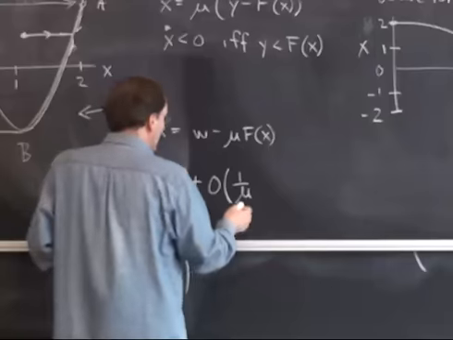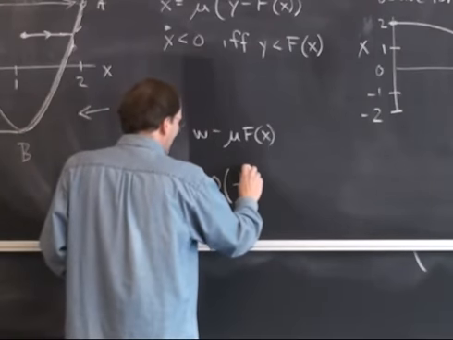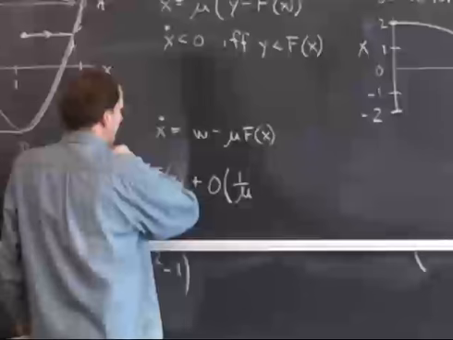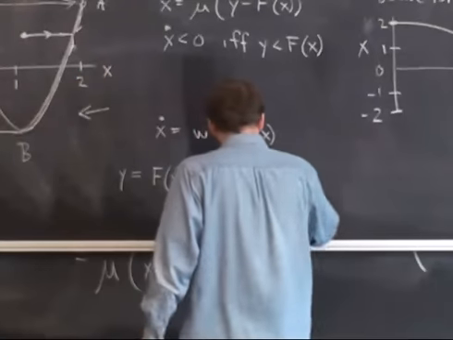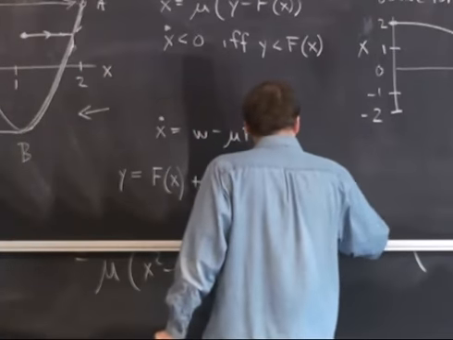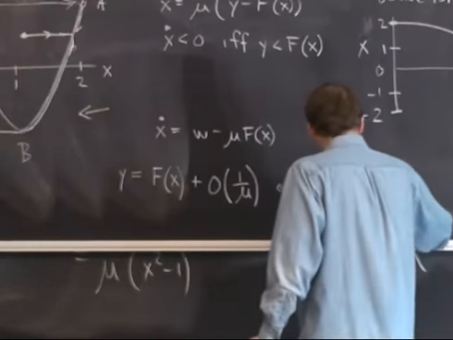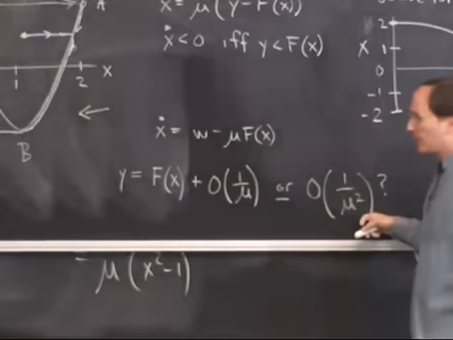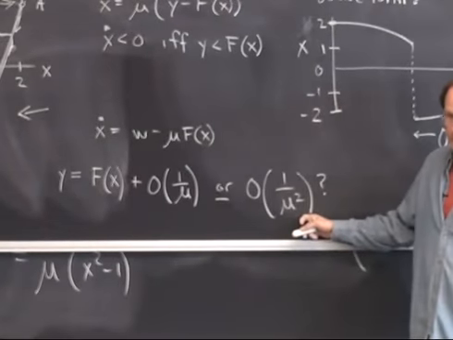I'd have to check. But it's something kind of like that. Well, we can think about it, can't we? Maybe I'll let you think about it. That is, try to figure out what is the right correction term here that's small, but it exists.